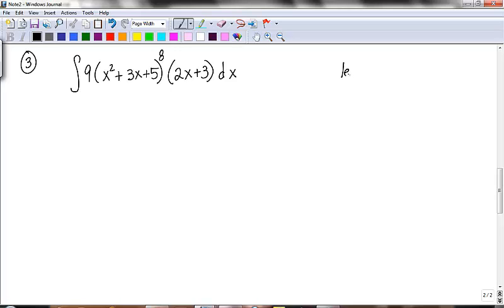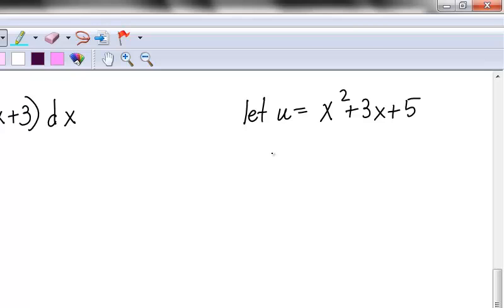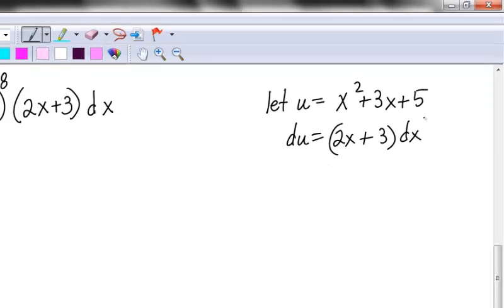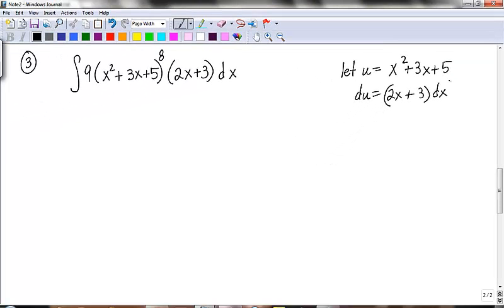So let u equal the x squared plus 3x plus 5. Then du would equal the derivative of this side, 2x plus 3, with respect to x. The derivative of 5, remember, a constant's derivative is just 0.